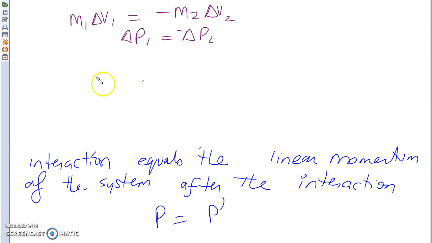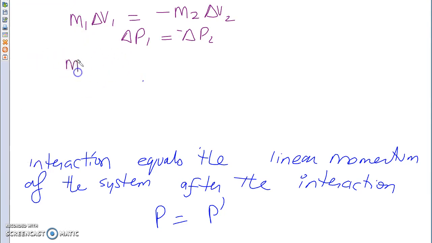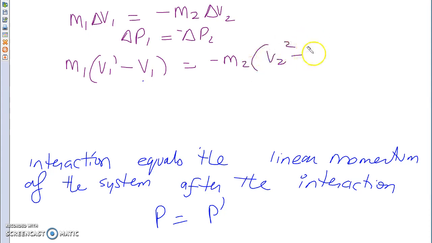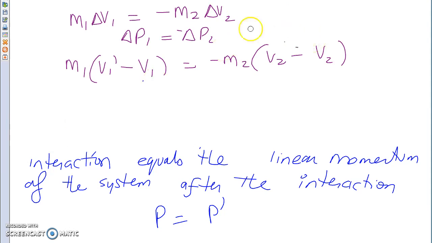Okay, so we're going to take a look at it and we're going to say m1 delta v1, which equals, so this right here, we already did that. So this would be m1 (v1 prime minus v1), which equals negative m2 (v2 prime minus v2). This is v2 prime. Okay. Now v1 prime basically means after.